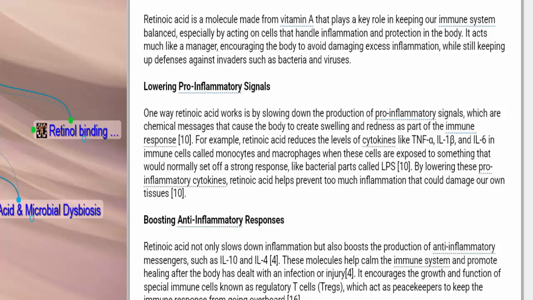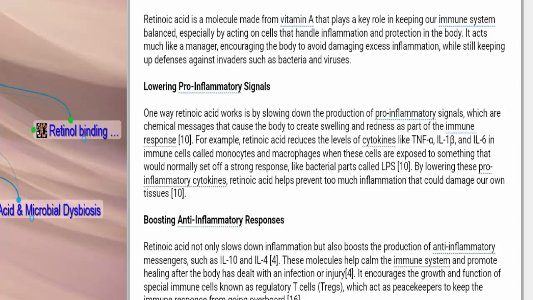Lowering pro-inflammatory signals. One way retinoic acid works is by slowing down the production of pro-inflammatory signals, which are chemical messages that cause the body to create swelling and redness as part of the immune response. For example, retinoic acid reduces levels of cytokines like tumor necrosis factor, interleukin 1b, and interleukin 6 in immune cells called monocytes and macrophages.